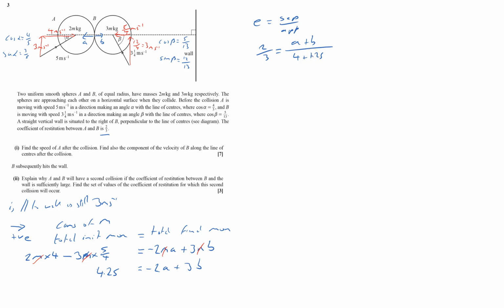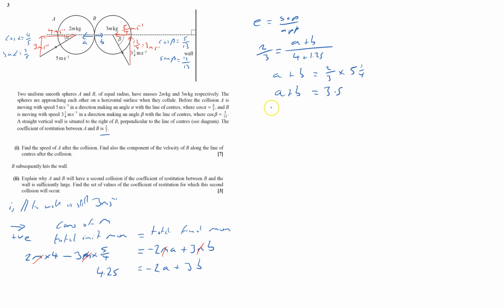And if I take that through, that's A plus B equals 2/3 times 5.25, so A plus B equals 3.5.